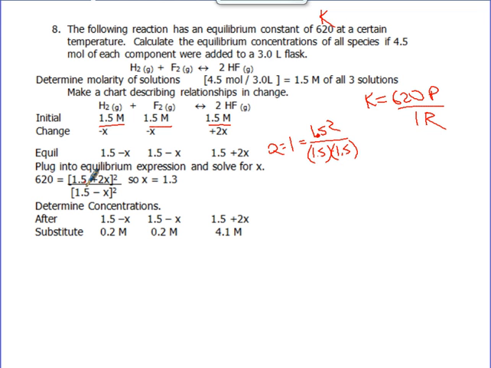So we have 1.5 plus 2x squared, over 1.5 minus x times 1.5 minus x. Both of these would be on the bottom, so I just take a square root to simplify my work. Solve for x. X was 1.3. Plugged it back in. And again, you could check these three values to see if they came out close to 620.